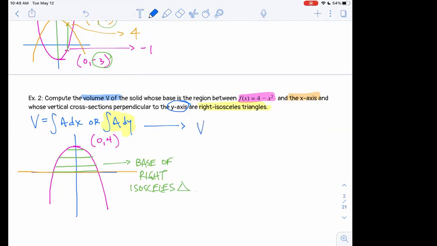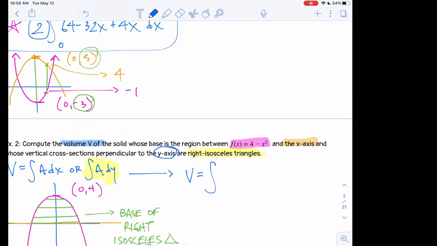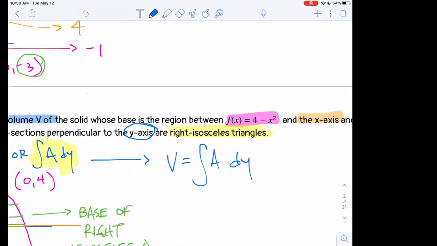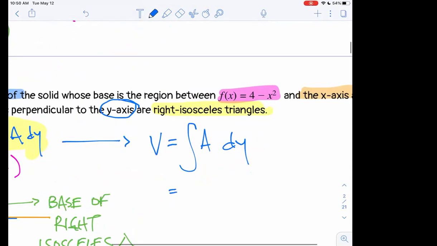So our volume equals the integral of the area of a right isosceles triangle. Okay, so I can write area here, dy. And I'm going to be even more specific. Instead of area, I'm going to write 1/2 base times height.